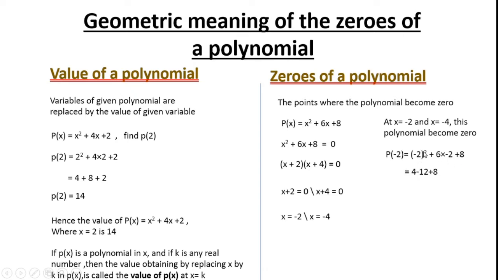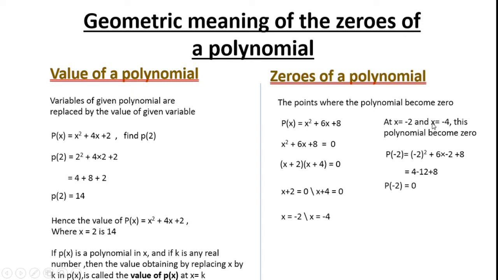Minus 2 whole square is 4. The next, 6 into minus 2: one is positive, one is negative, so minus. 6 into 2 is 12, so minus 12, plus 8. Now 4 plus 8 is 12, and 12 minus 12 is 0. So p of minus 2 equals 0.